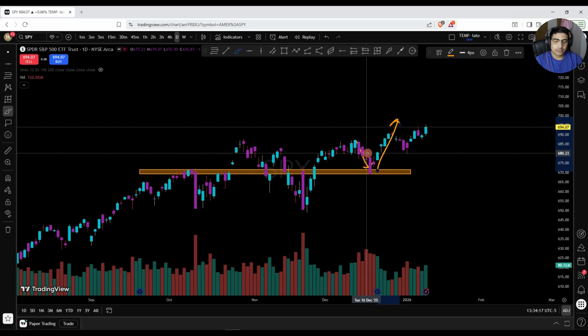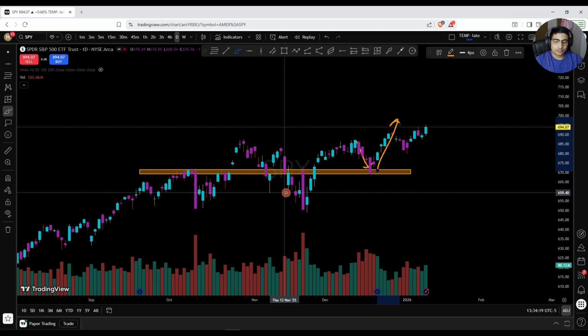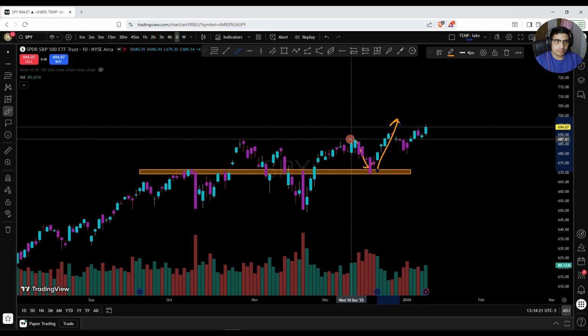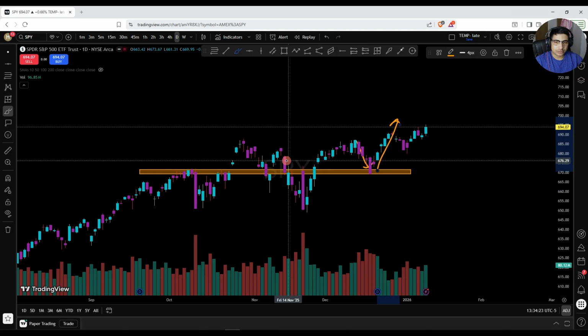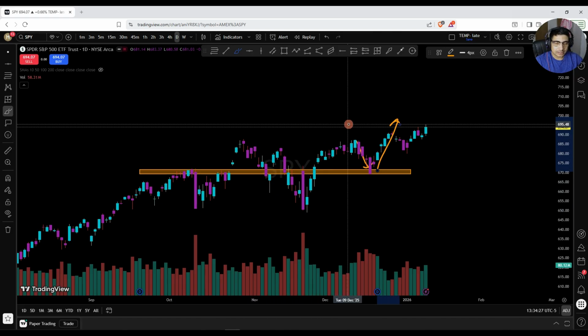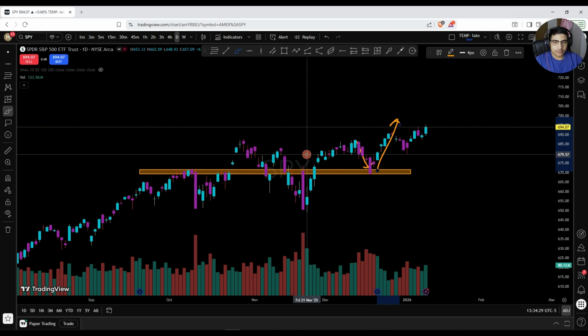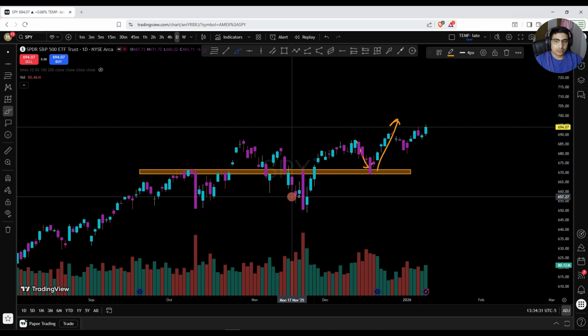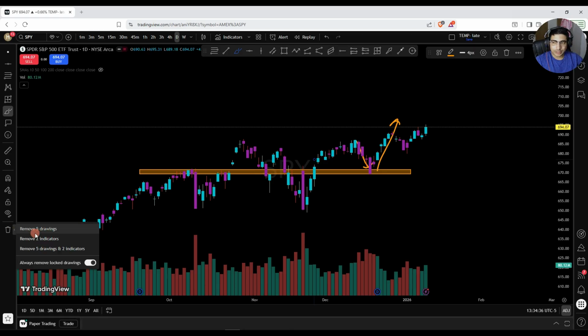So we need to look at the bigger time frame to see if there is a resistance at that position. Usually if it is breaking up, we need to check if there is long-term resistance. If it is breaking down, we need to check if there is a support point. If you can look into that, that would make your trading easier.